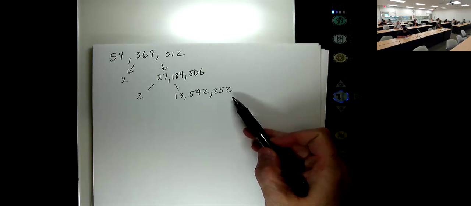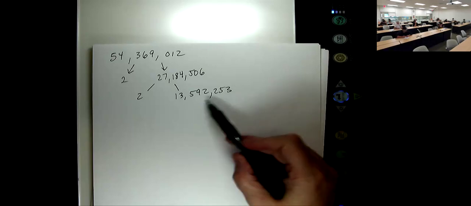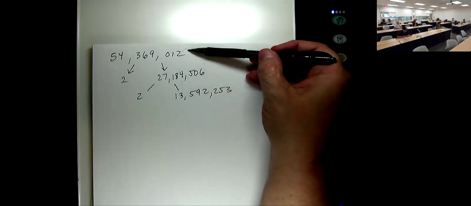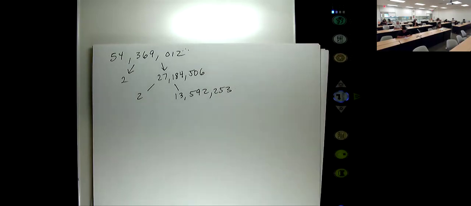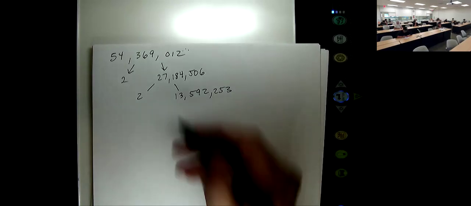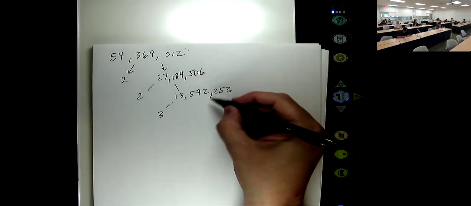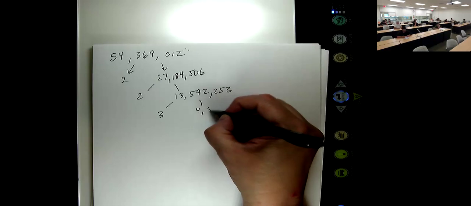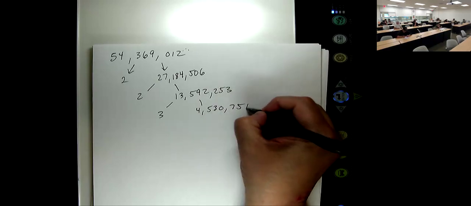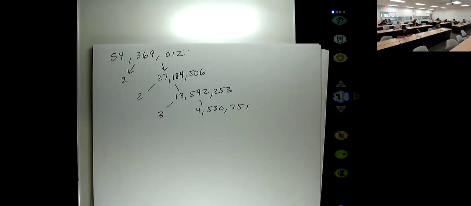We stopped testing twos. Now, this added up to where we can divide by 3, so next I'm going to divide by 3. If I divide by 3, I'm left with 4,530,751. I don't think this divides by 3 again, no, it doesn't. It doesn't divide by 5. Divide by 7. Nope.